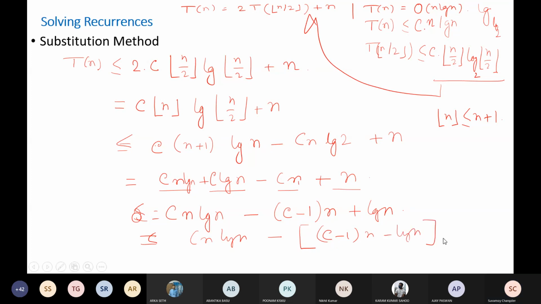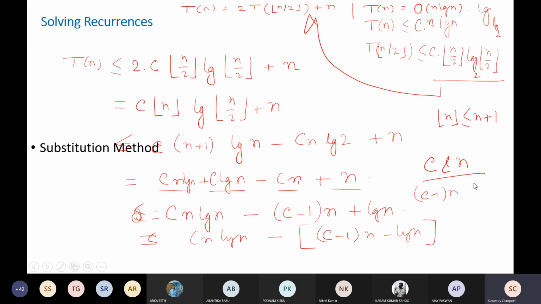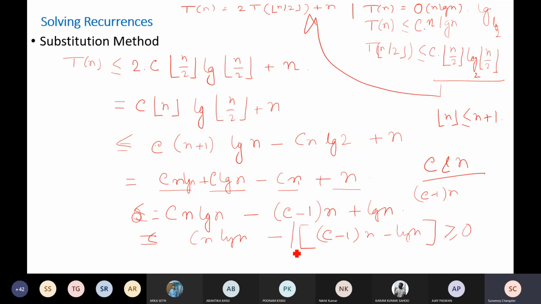Then we consider a value of C and n such that (C minus 1) into n minus log n is greater than or equal to 0, because we can choose a value of C greater than 1. For any large value of n, obviously n is much higher than log n, therefore (C minus 1) into n can absorb log n, and this whole term will be greater than or equal to 0.